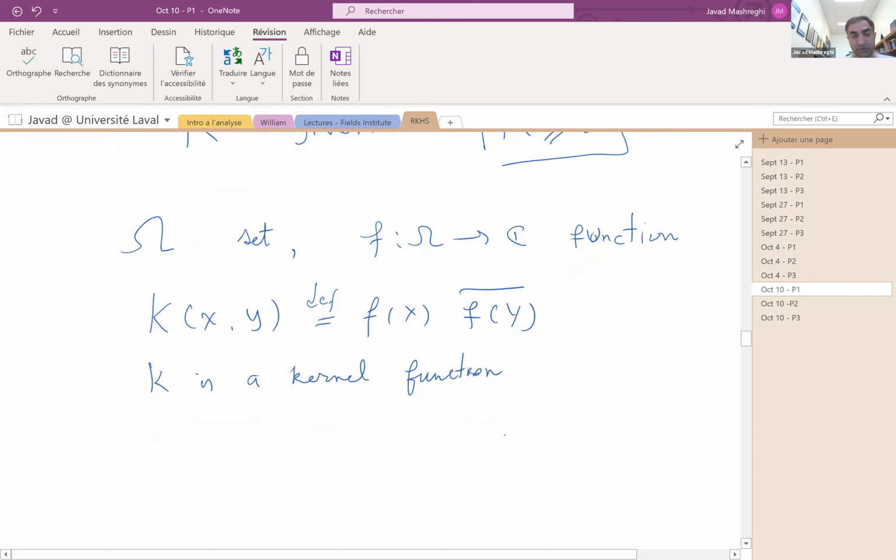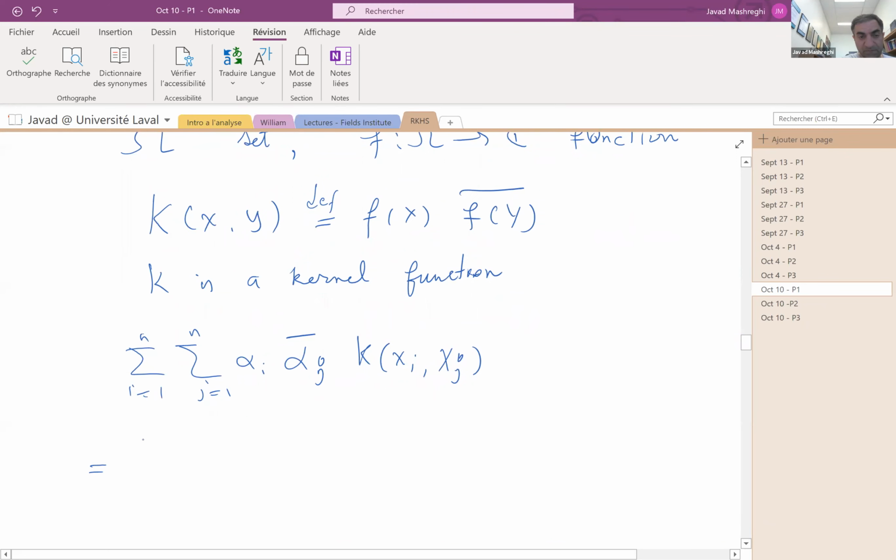Indeed, the proof is very simple. What does this mean? Consider the sum over i from 1 to n, sum over j from 1 to n, of alpha_i alpha_j K(x_i, x_j), and put a bar, for example, on this one. This is equal to the sum of alpha_i alpha_j bar f(x_i) f(x_j) bar.